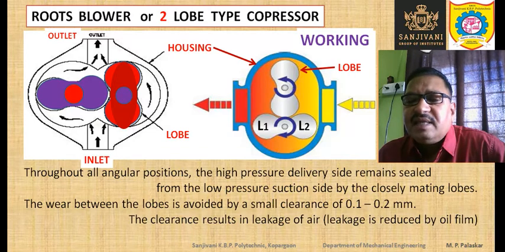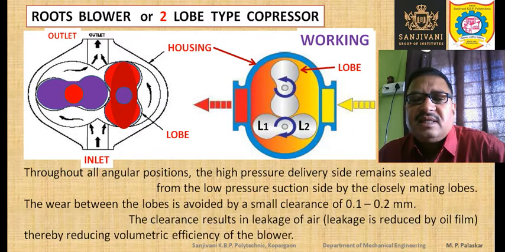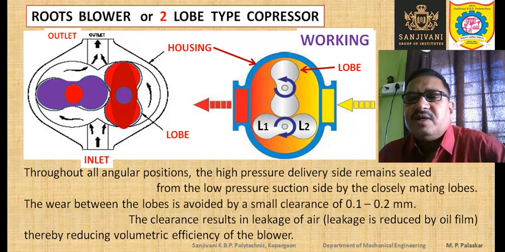Of course, this leakage is reduced by the oil film, or in some cases the leakage can be eliminated by the oil film. But if the leakage is present, then the volumetric efficiency of the blower will be reduced and the pressure ratio will also be reduced.